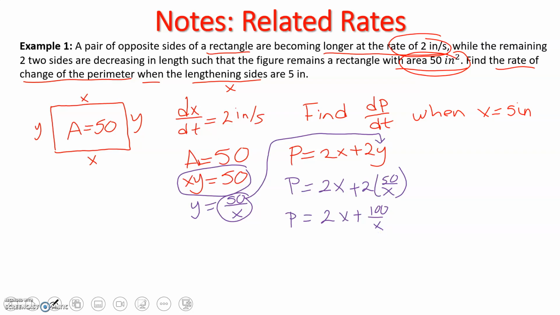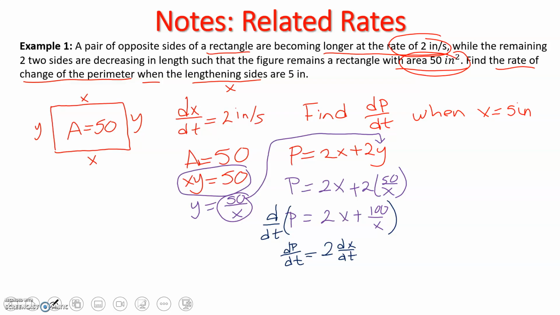Now we can go ahead and try to find dP/dt. We're going to take the derivative of both sides of this equation. The derivative of P with respect to t is, in fact, dP/dt. The derivative of 2x with respect to time is 2 dx/dt.